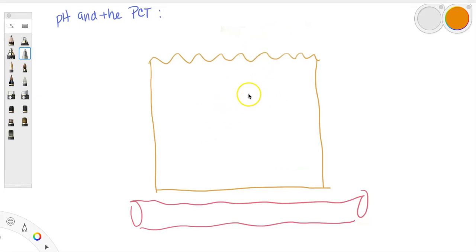So here's my cell from the tubule itself, and here's the lumen. So here's the luminal surface there. This is filtrate. It's going to be right up in here in the lumen.